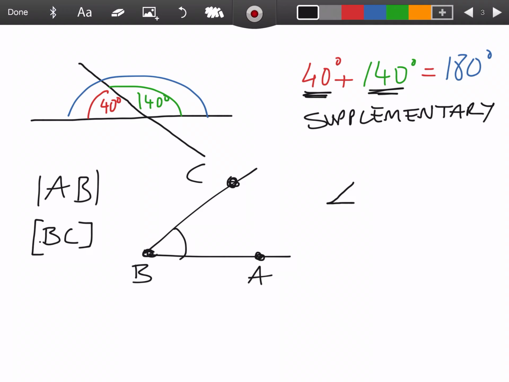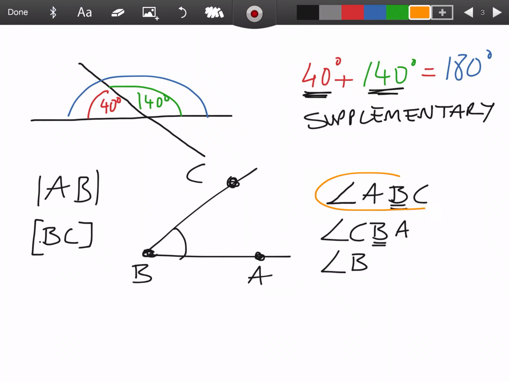So I could name this angle ABC, or I could also name it CBA, because B is in the middle and B is the vertex. I could also just name it the angle B, because it's the angle at the point B. So 3 different ways, but usually they're named like that.